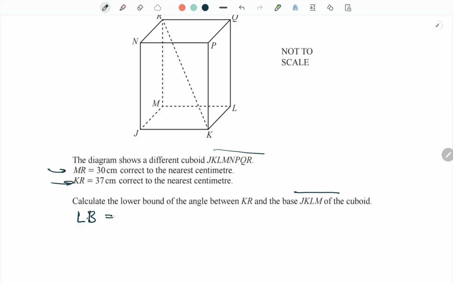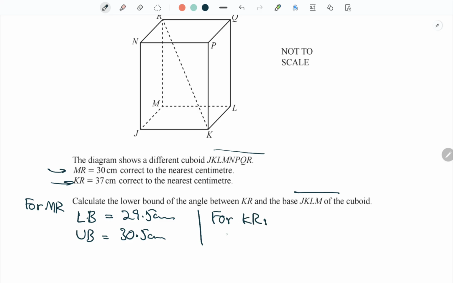of this one is for MR. Okay, for MR, the lower bound is 29.5 centimeters and the upper bound is 30.5 centimeters. Now for KR, the lower bound is 36.5, right?